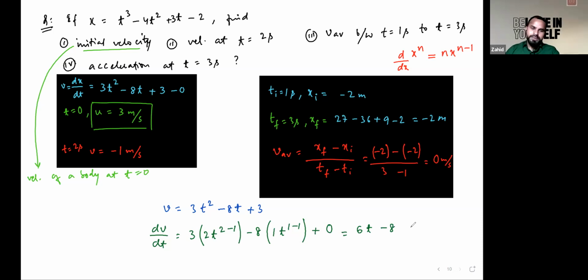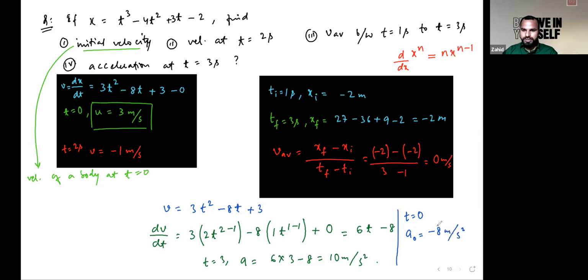You will get acceleration as 6 into 3 minus 8, which is equal to 10 meter per second square. And in this part, if someone asks you to find initial acceleration, put t equal to 0. So initial acceleration would be equal to minus 8 meter per second square. So this will be termed as initial acceleration of this particular object.